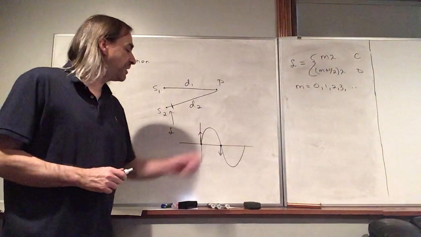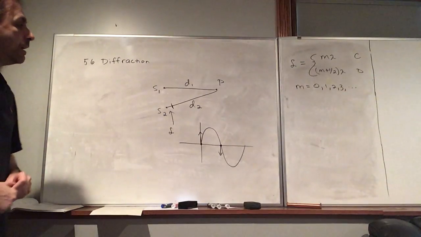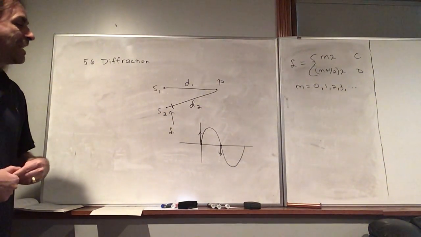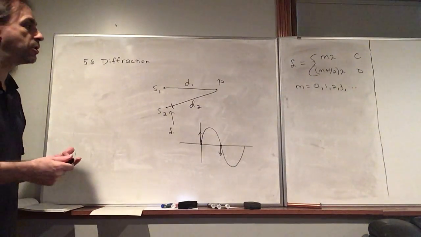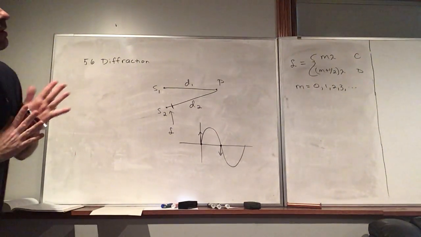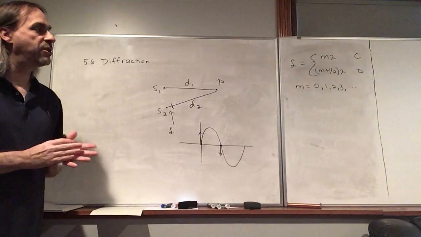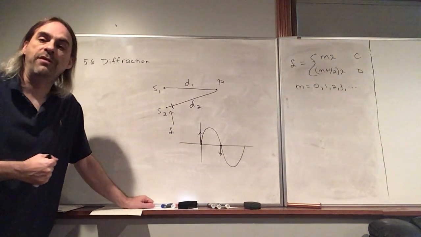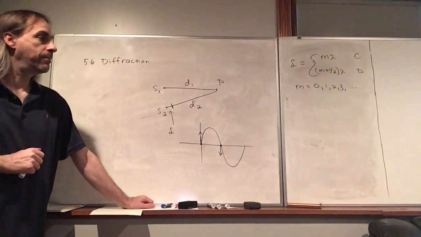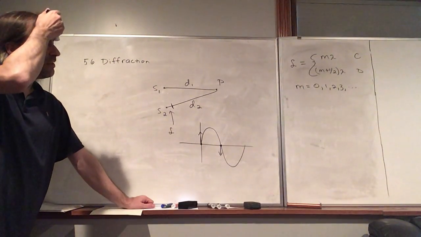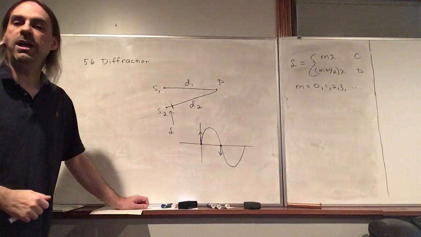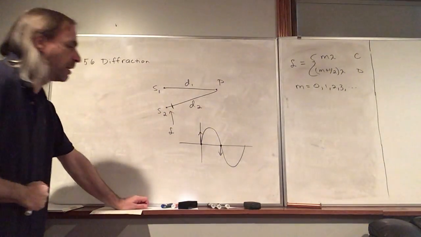So if one travels an extra half a wavelength, then when they meet up at point P, they're going to be exactly out of phase and interfere destructively. So those are the basic conditions when you set m equal to 0, but you can always add a full wavelength without changing anything. That's adding an entire wave, which doesn't change its phase at all.